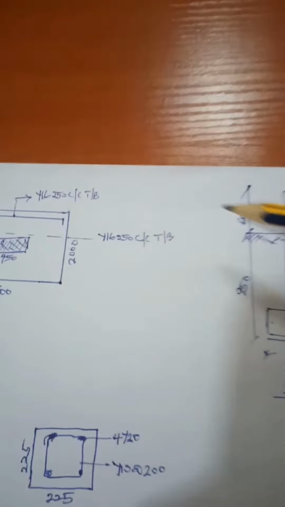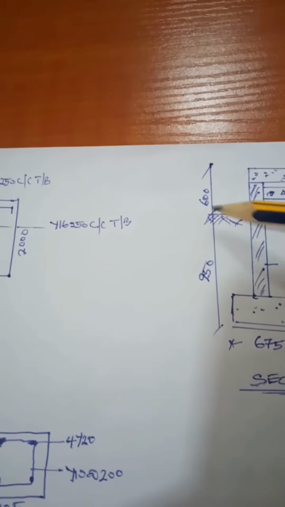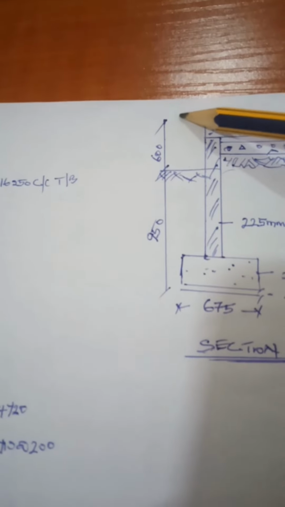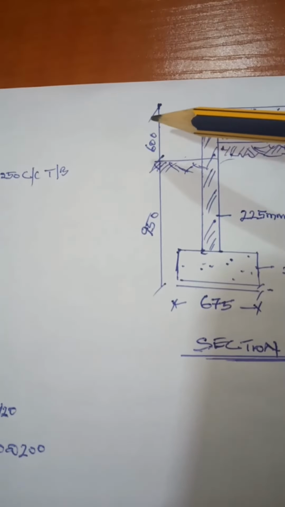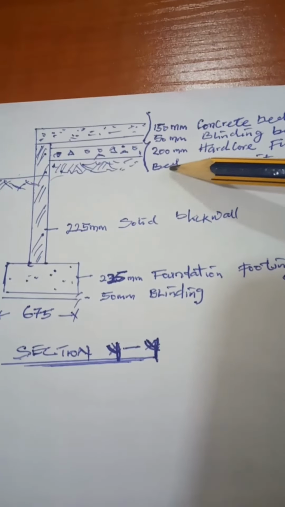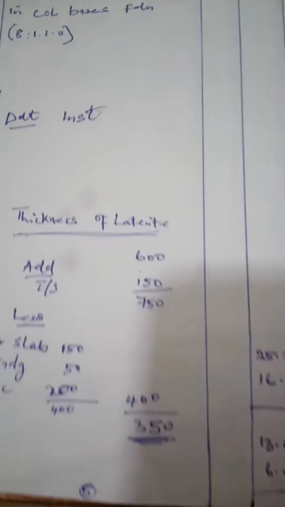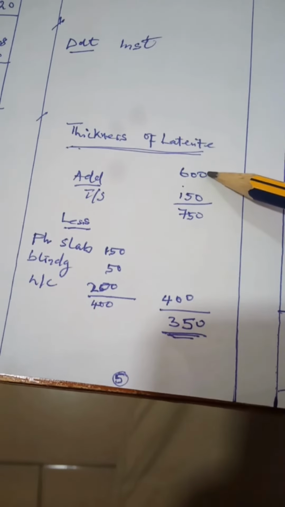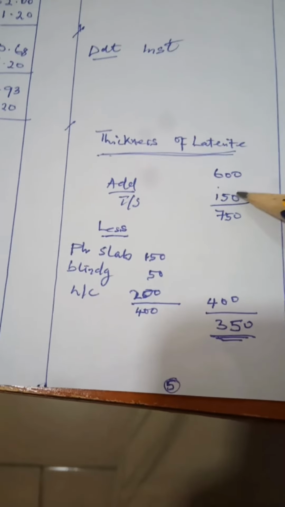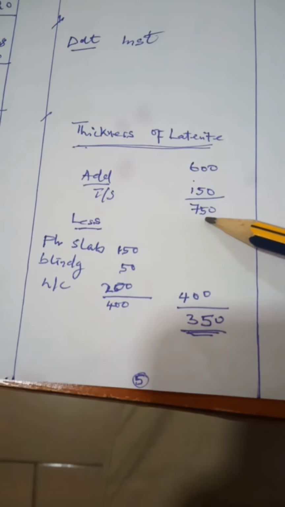So judging from what we have, from the natural ground level up to the concrete bed is 600. So with this 600, we can deduct all these figures to arrive at the thickness of the bed of laterite filling. So we have 600, we add our topsoil thickness, which is 150, that will give us 750.